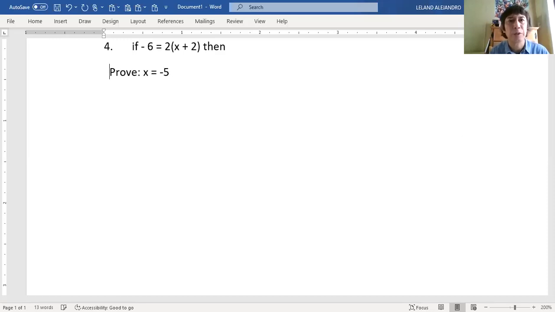If negative 6 equals 2 times the quantity x plus 2, then prove x equals negative 5. Again, we're doing the two-column proofs, or two-column proving, which involves statements and reasons. All right.